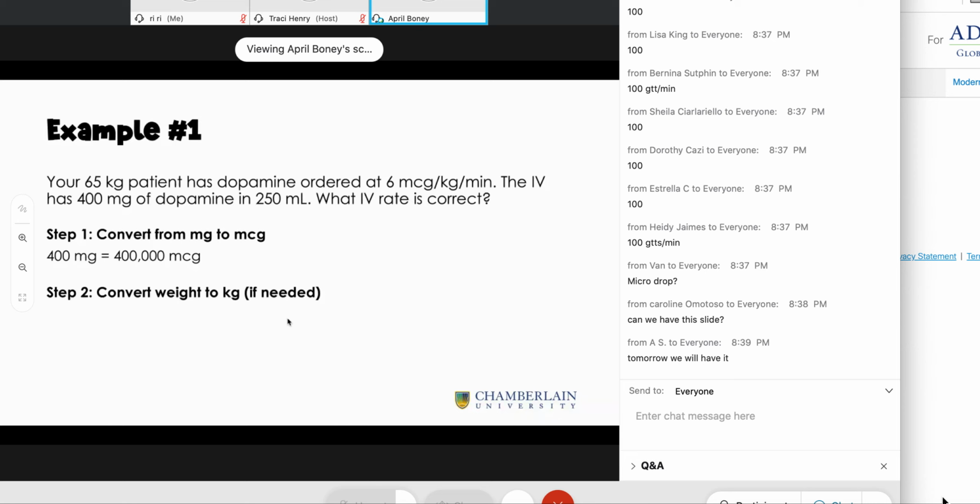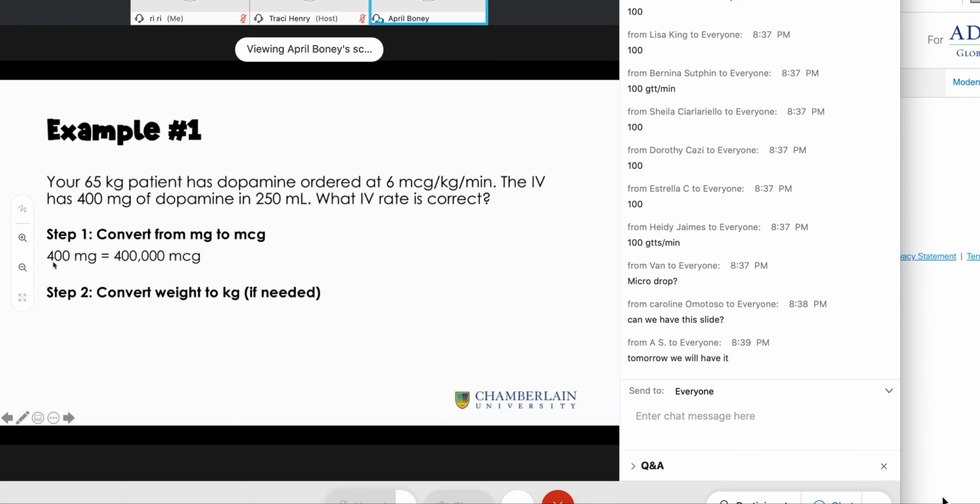So the first step is we have to convert. I like to convert to what my concentration is, but you can certainly go the other direction, and I'm going to show you that in this problem. It doesn't really matter as long as your units of measure match. So we're going to go from 400 milligrams. This time we're going to go to micrograms since that's what our provider ordered.